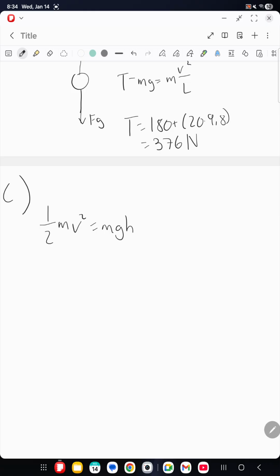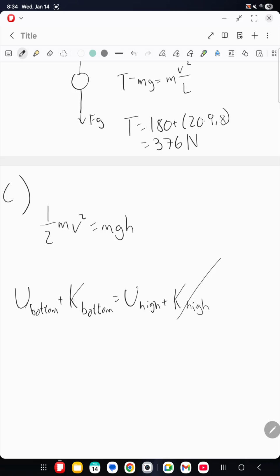So we want U when the kid's at the bottom plus K when he's at the bottom, will be equal to U when he's high plus K when he's high.